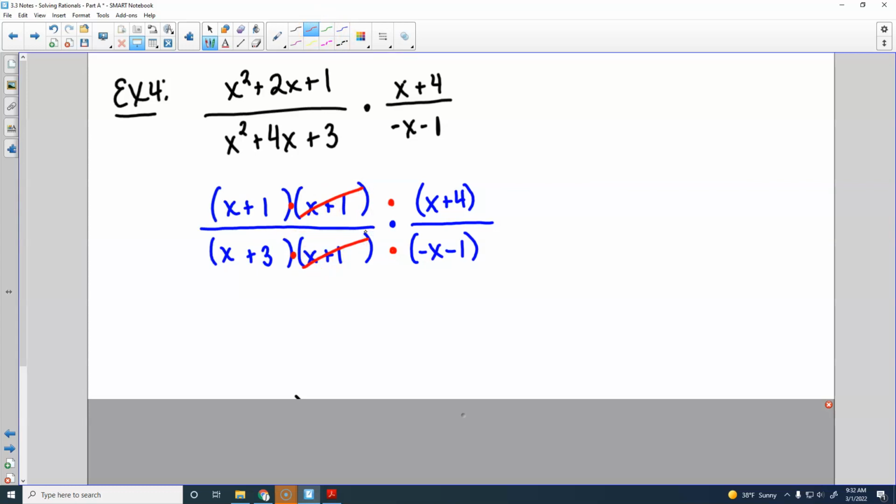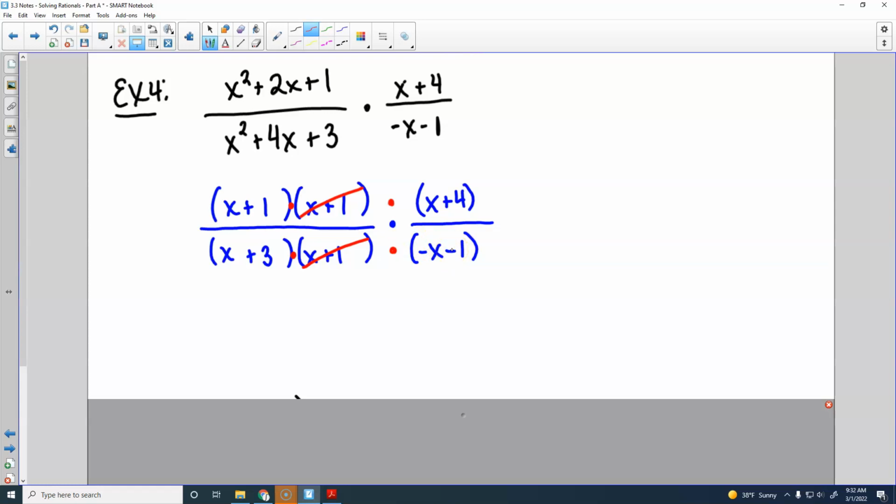Can anything else cancel? Not as it is right now, but I've got this x plus 1 right here, and I have this -x minus 1 right here. Those seem pretty close, except the signs are just wrong on this one, right?